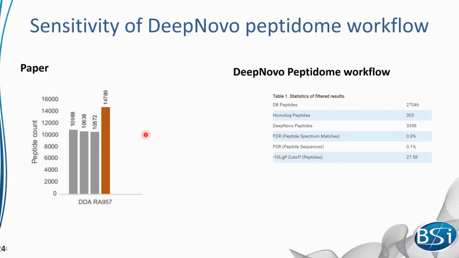Then we compare the peptide number. In the paper, it reports around 50,000 peptides from three replicates, and in our result, we report almost double that number. The following question is, you report double, but can you cover the peptides reported in the paper?